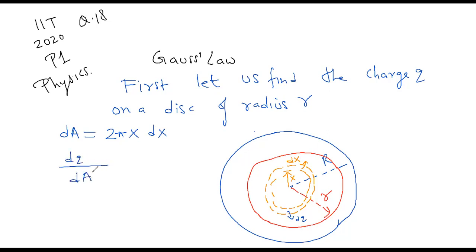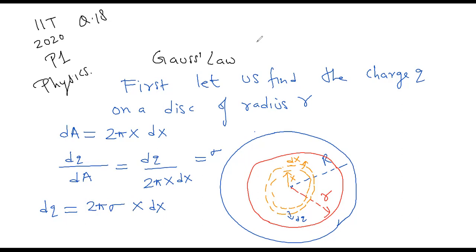So dq by dA, that is dq upon 2 pi x dx, is equal to sigma, and this will give you dq is equal to 2 pi sigma x dx.